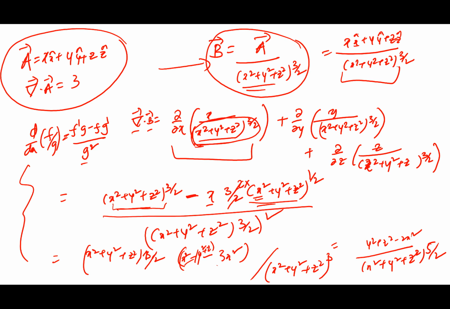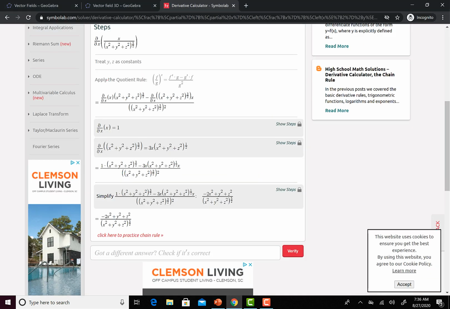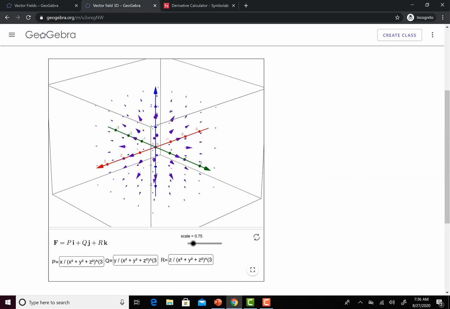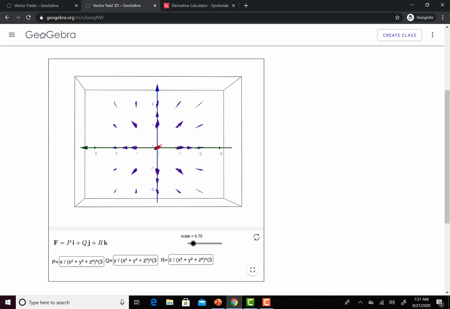So when we look at the plot of the 3D vector field here, you still see that the vectors are pointing out, but the net divergence is 0. That is because the amount of flow coming in is balanced out, because the length of the arrow is decreasing, as you see.